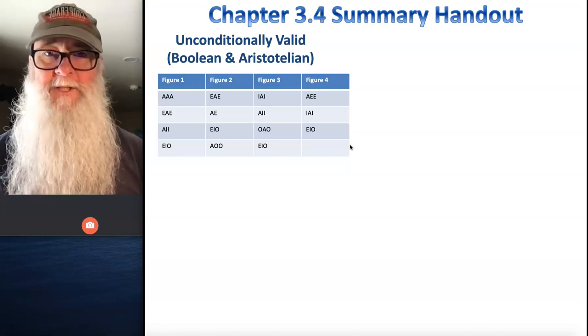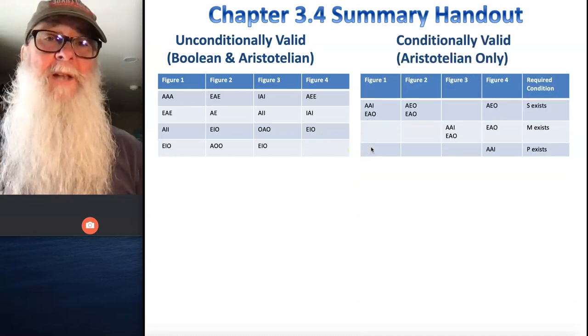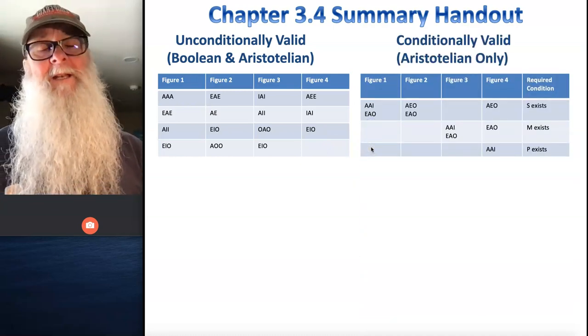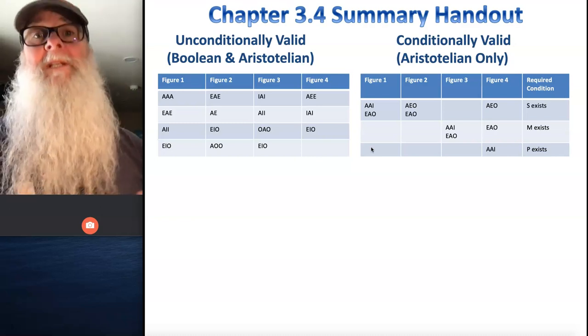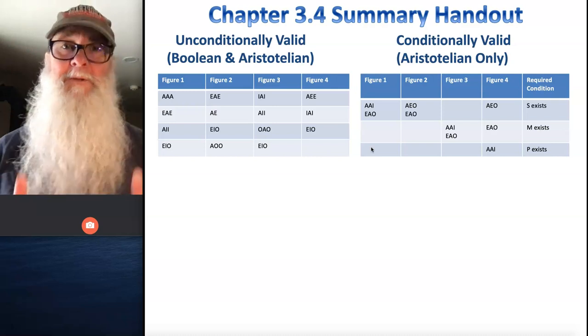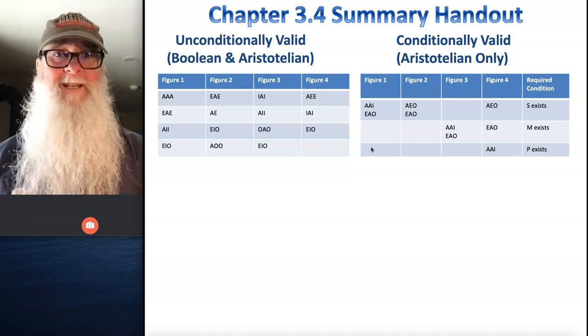They are unconditionally valid. You have another chart. This chart has a total of 9 forms of valid standard form categorical syllogisms, but all of these are valid from the Aristotelian standpoint only, not the Boolean. So you can use these charts to evaluate arguments really quickly and efficiently.